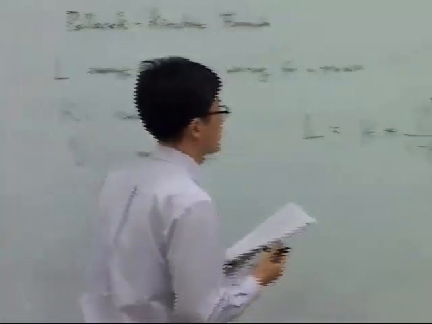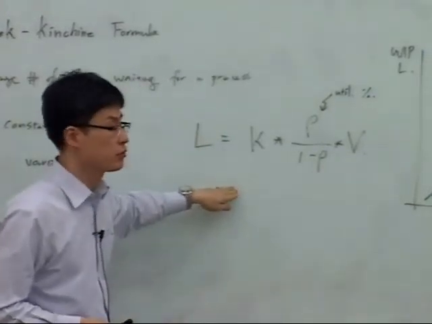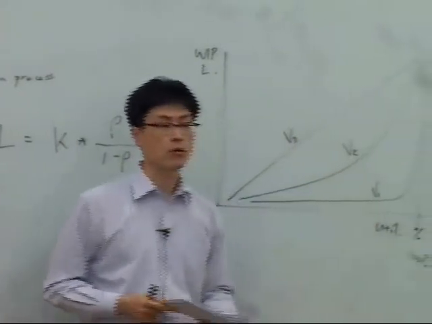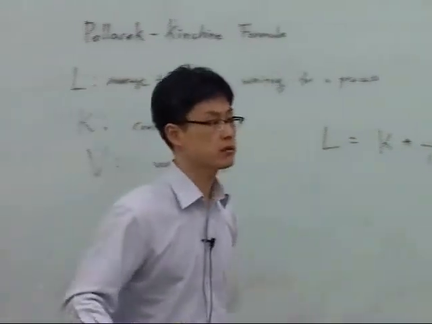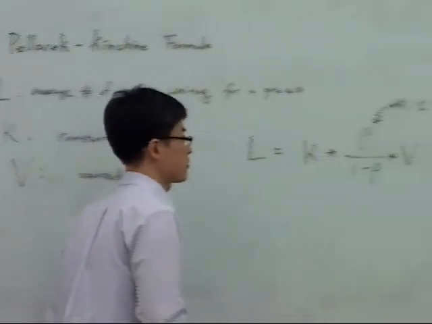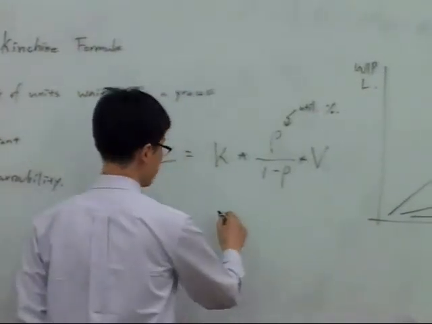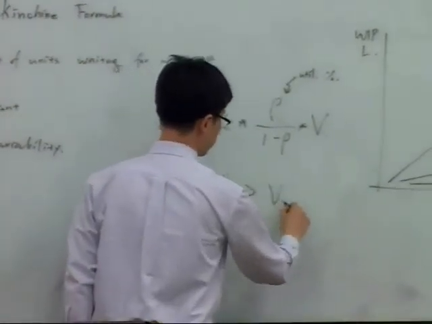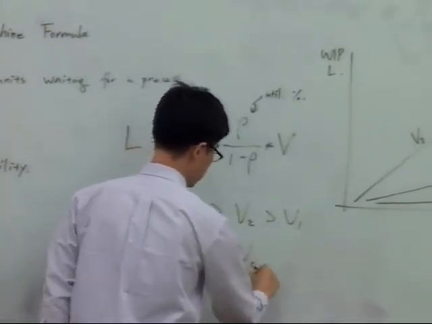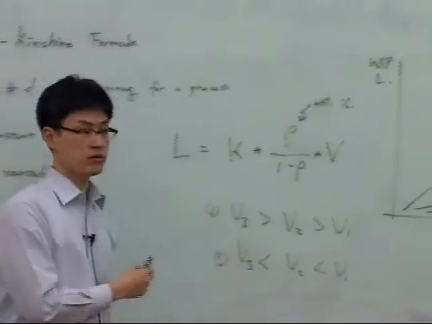Based on this, can you guess which of V3, V2, V1 is the largest? There is a clear tendency, so you have only two choices, V3, V2, V1, or vice versa. Which one is correct?